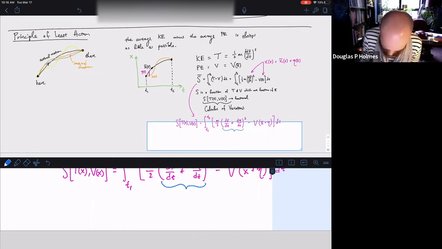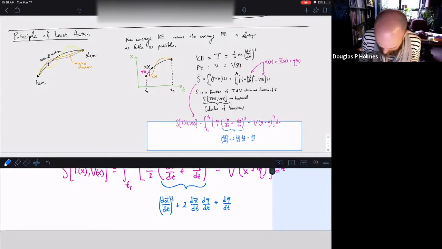Is going to be dx bar dt squared plus 2 times dx bar dt d eta dt plus d eta dt squared.